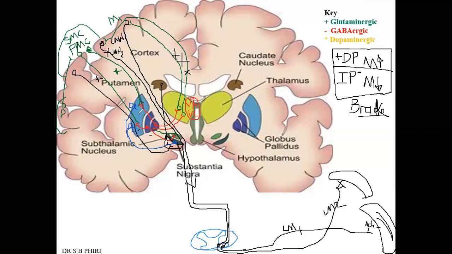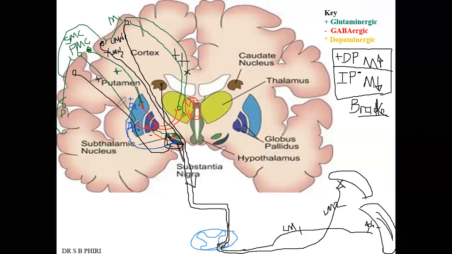So what you need to know is that D1 receptors are stimulatory. D2 receptors are inhibitory. So via this neuron, the dopaminergic neuron that is coming from the substantia nigra pars compacta is going to release dopamine to the direct pathway and also dopamine to the indirect pathway.